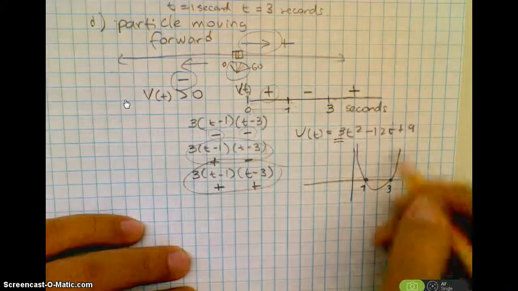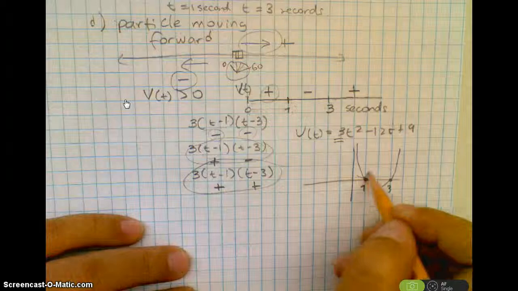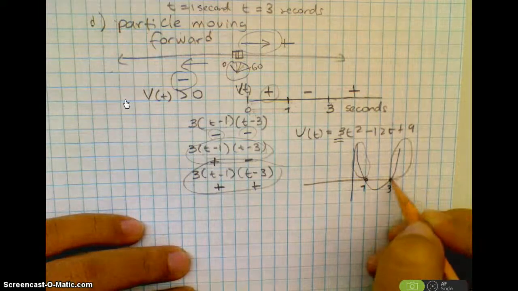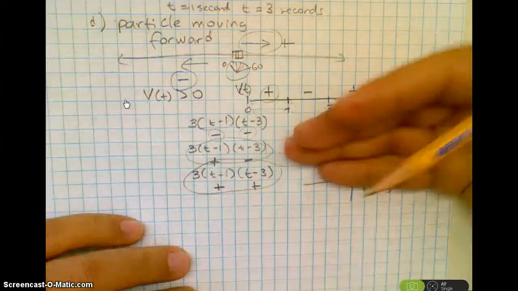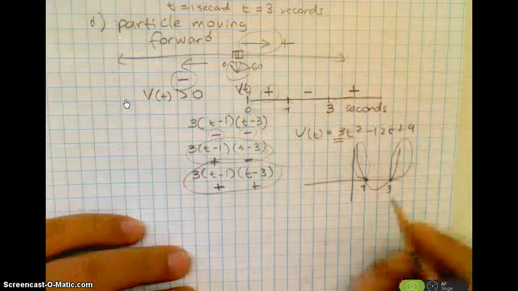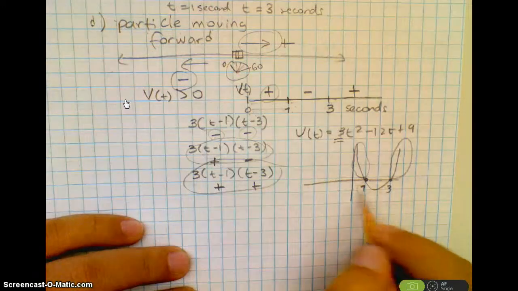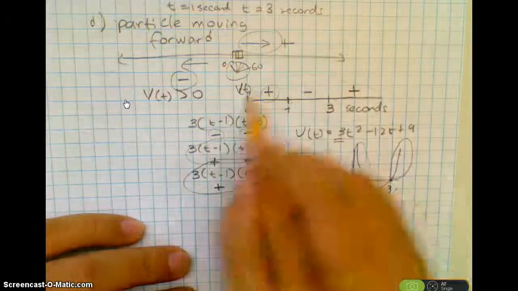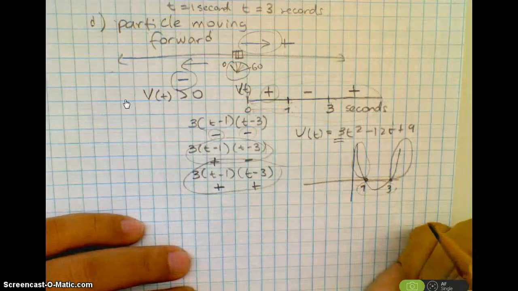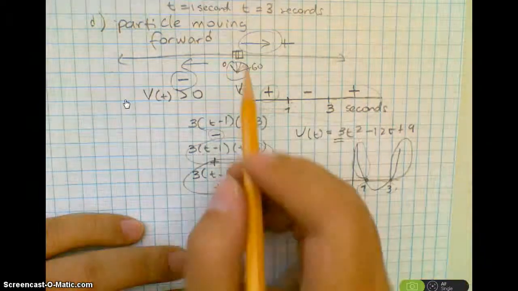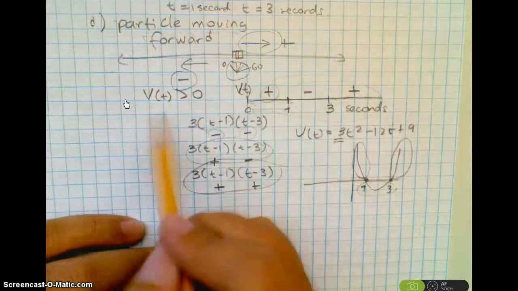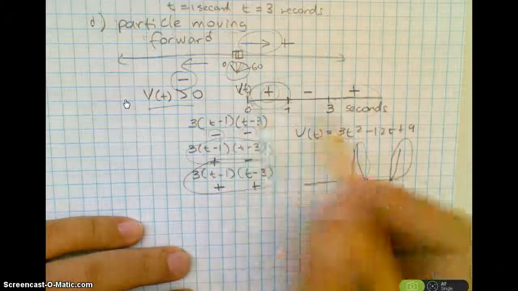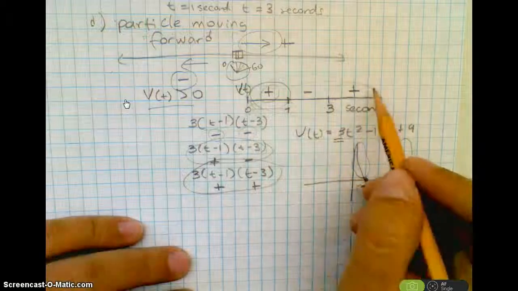So if I remember this, I can also see that the velocity is positive between 0 and 1, and positive after 3, and negative, meaning under the x-axis, it has negative y's. This is negative between 1 and 3. So I can see it this way, or I can see it this way. Anyhow, when is the particle moving forward? When the velocity is positive, and the velocity is positive between here and here, and after 3.